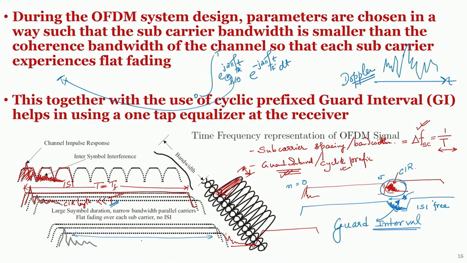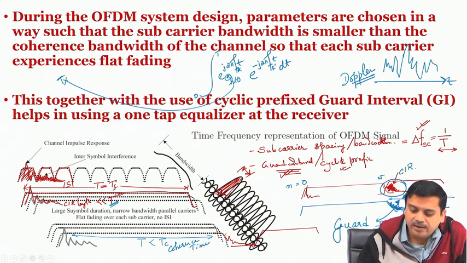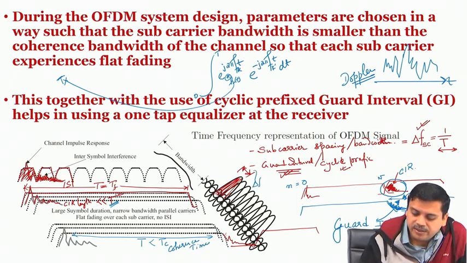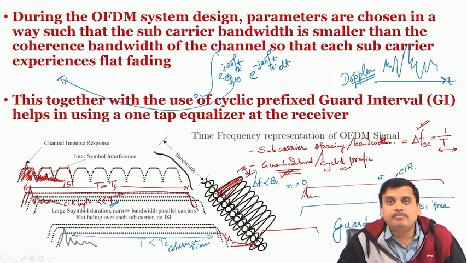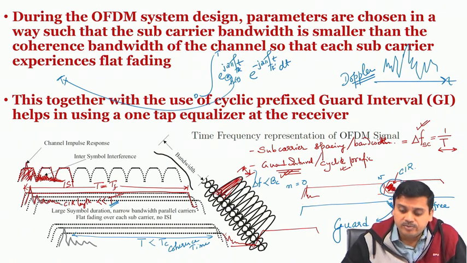Okay. So, that means T, our symbol duration, must be smaller than something known as the coherence time of the channel, and this subcarrier spacing delta f must be less than the coherence bandwidth, that means the bandwidth across which the channel remains flat. So, these are the two important conditions that are required to be satisfied.